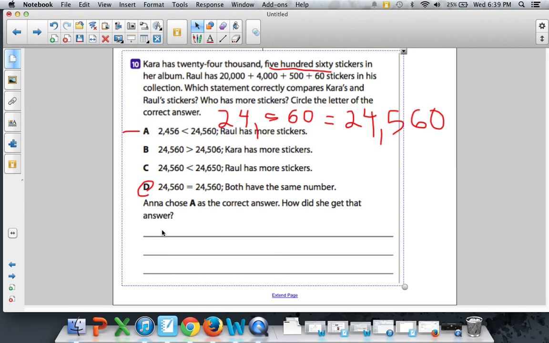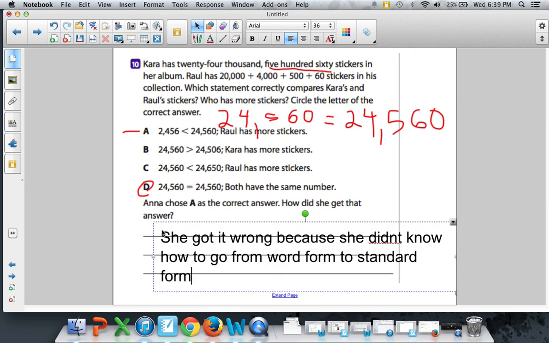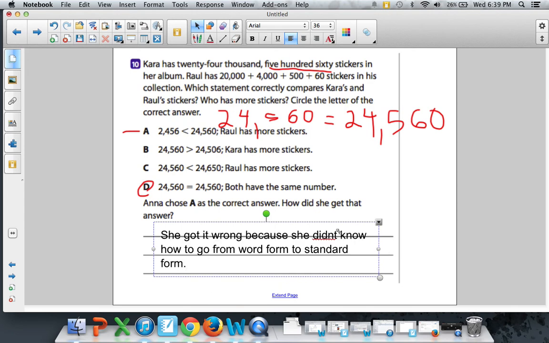So she got it wrong because she didn't know how to go from word form to standard form. But if you practice, you'll know how to go from word form to standard form. So please, make sure you practice that. It just saved us a problem.